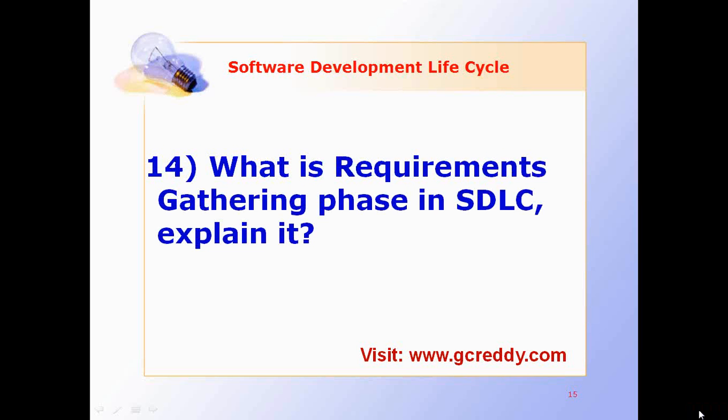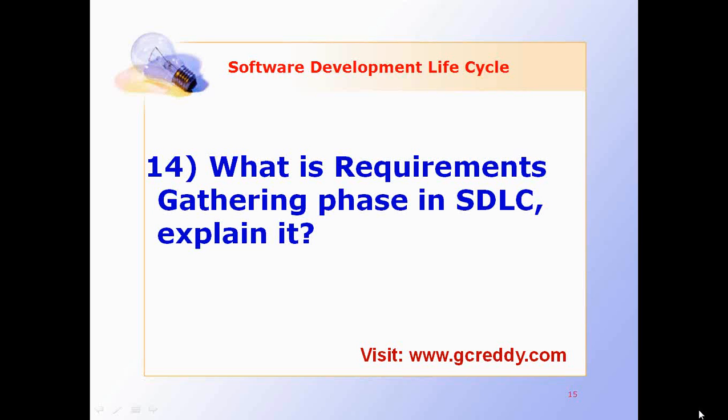Next, what is requirements gathering phase in software development life cycle? Requirements gathering is an initial stage in software development. In this stage, business analyst category people gather requirements from the customer and document them.